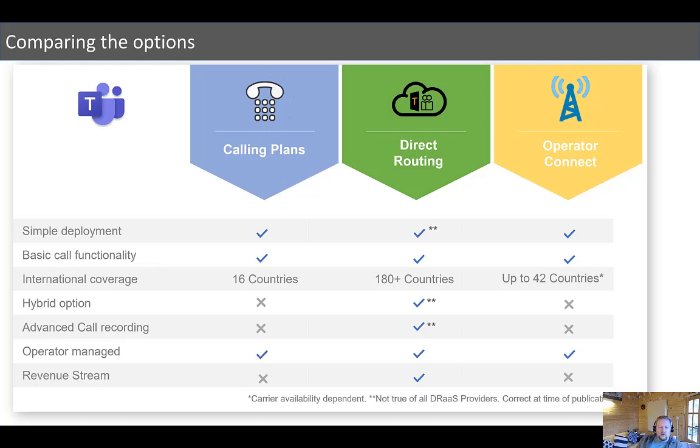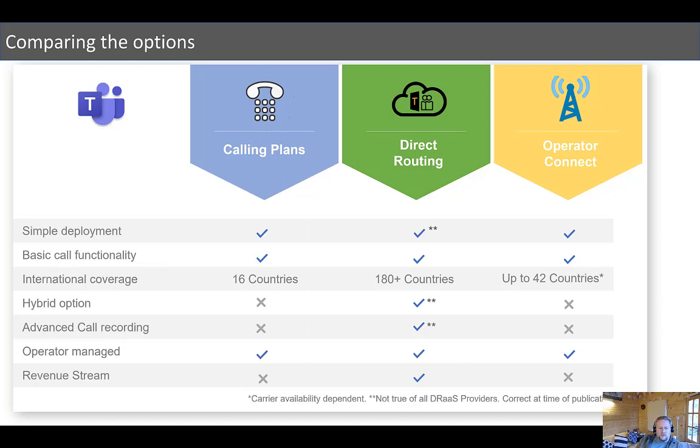Now, you can't do that with the Microsoft calling plans because you have no control over call flows and routing. And we're yet to see if any operators will do that with Operator Connect. Much like with direct routing, it's not a standard feature, but it's something a lot do. Again, I wouldn't have thought it will be a standard feature within Operator Connect, and therefore not something that you'll have direct control over, for example, within the Microsoft Admin Center.